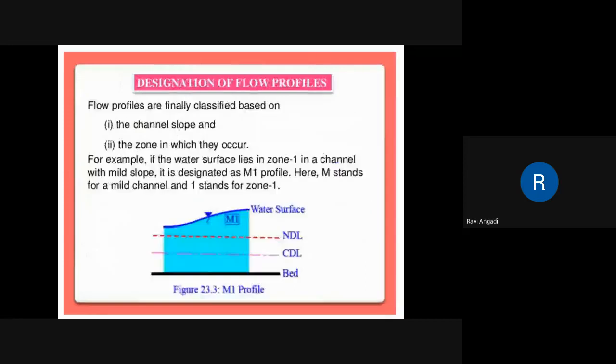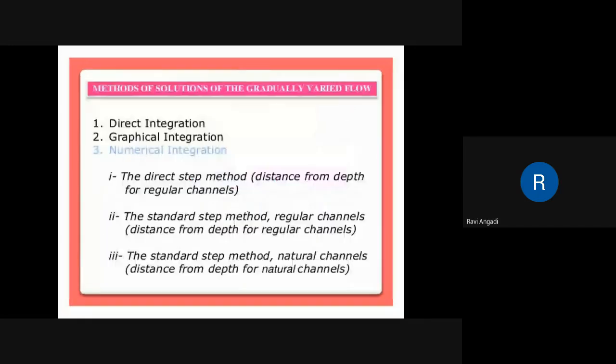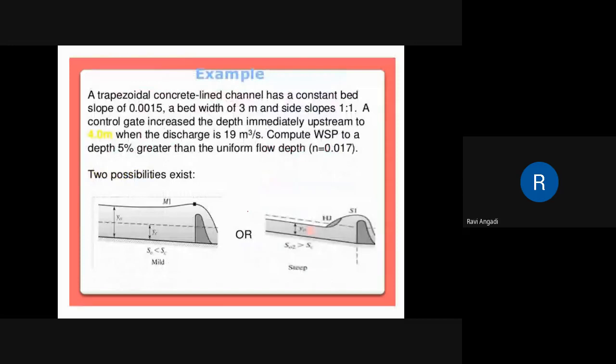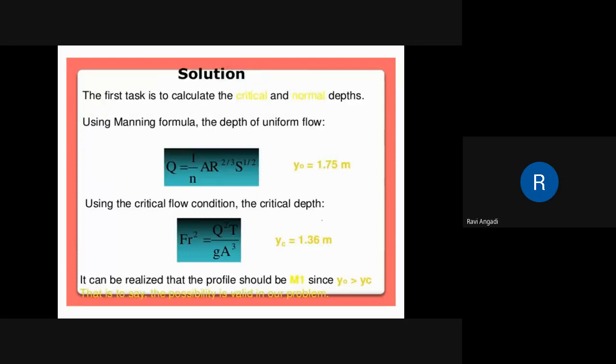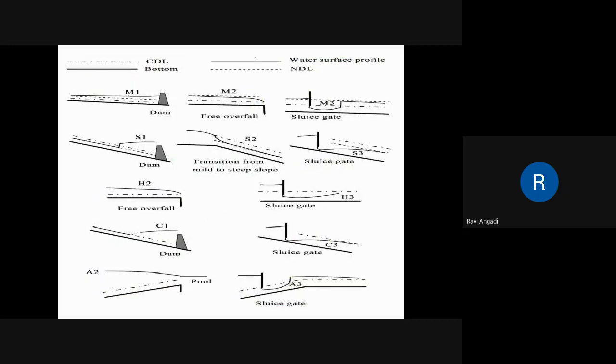Also, the practical applications, where you generally come across these. I have given examples: the flow behind the dam, what kind of flow profile you may get. Flow behind the dam gives the mild slope M1, the flow over the drop gives M2, and the flow under the sluice gate gives M3. If the depth of flow lies below critical, you get S1 and S2 slopes.